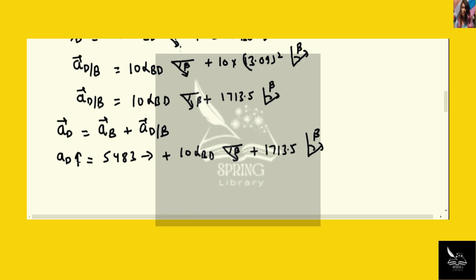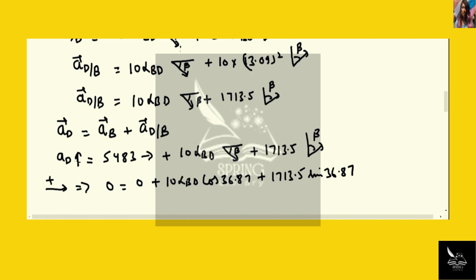Now we can take the component in the right direction positive, so it will be 0 plus 10 alpha BD cos of beta, 36.87, minus, sorry, its component will be positive, so 1713.5 sine of 36.87.